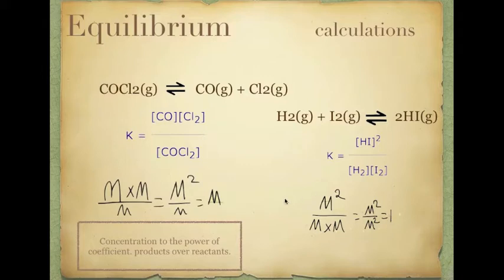So the units of K change depending on your reaction. Each time you calculate K or the reaction quotient Q, you need to think about what your units are going to be. The simplest way of doing that is to think about concentration as being capital M and then do it algebraically like I have here. So that's how to write the expression and how to work out the units.